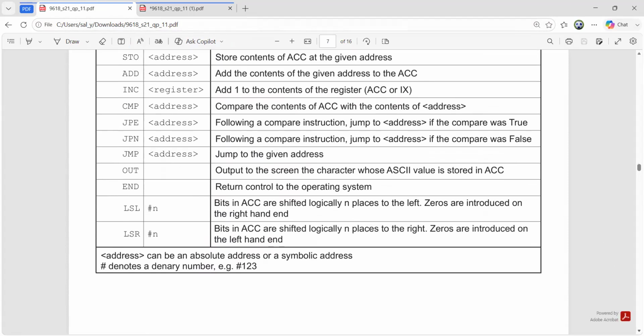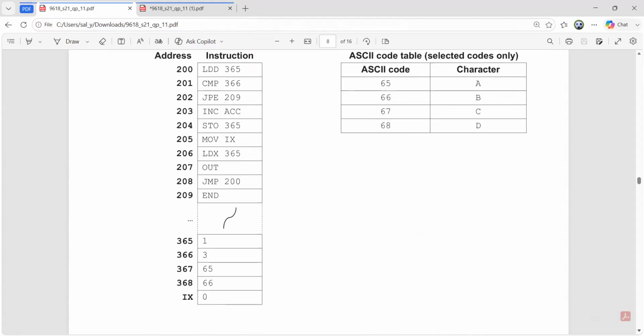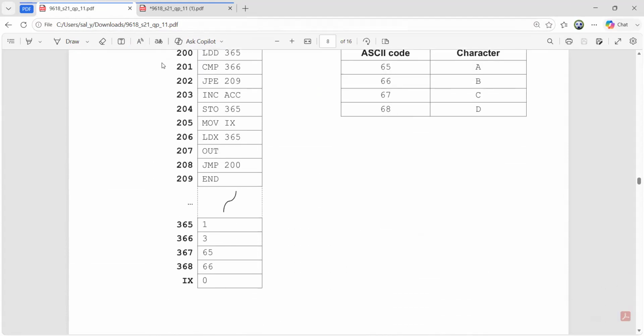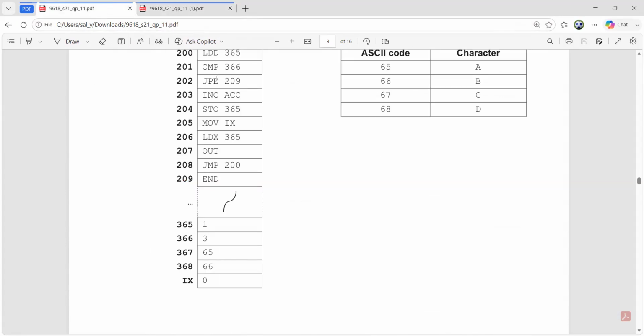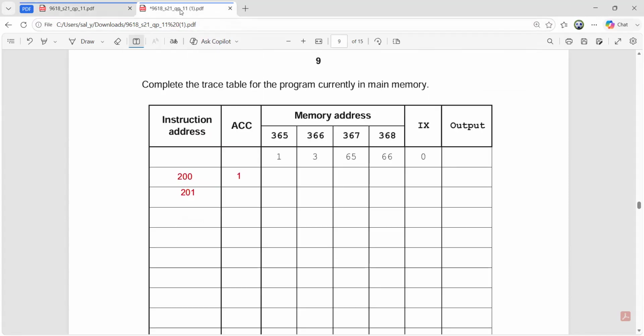Now ACC is holding a 1 here and 366 is holding a 3. So you can see 1 and 366 is 3. It means the comparison is done, but nothing is going to happen because the comparison is not successful. So what will happen? You will simply mention 202 here.